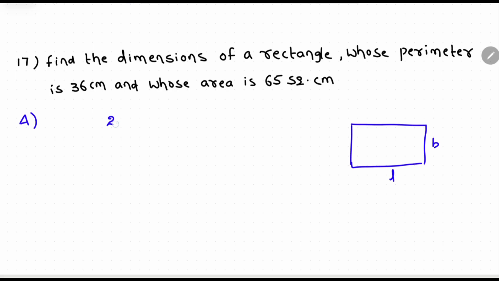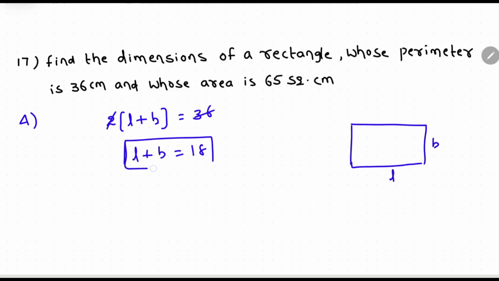So perimeter 2 into (L plus B) equals 36. Therefore L plus B is equal to 18. Now area is also given, L into B equals 65.